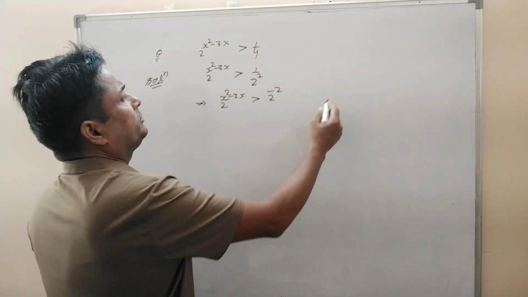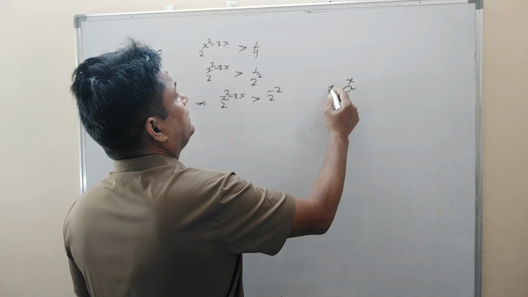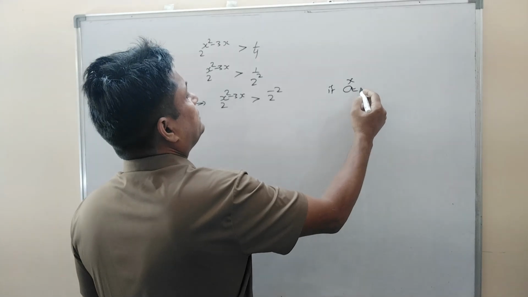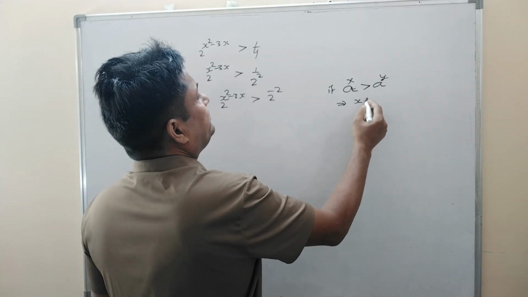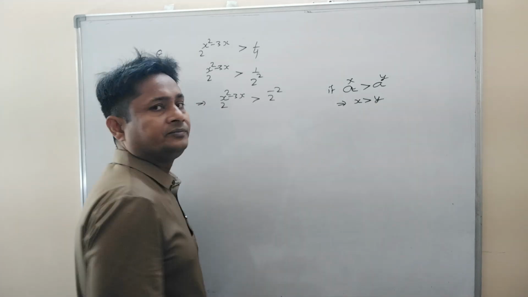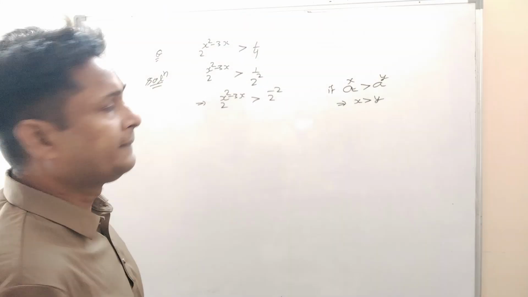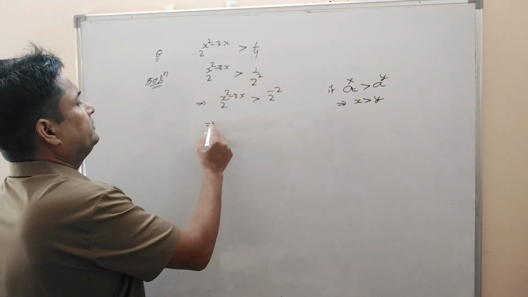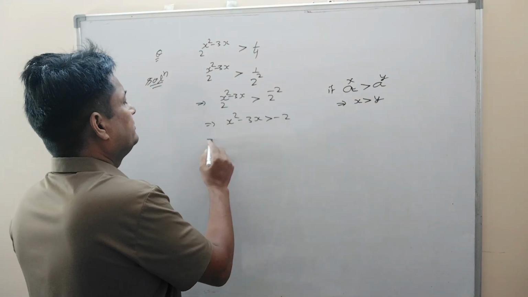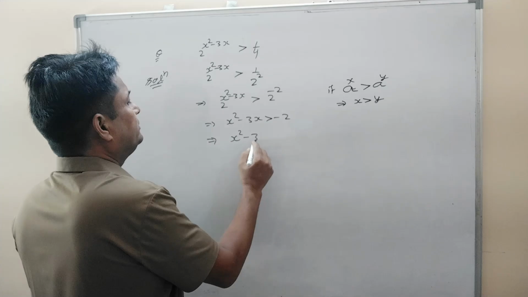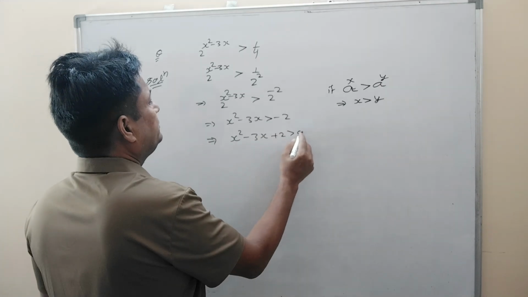I told you this property: if a to the power x is greater than a to the power y, then x is greater than y. So here x square minus 3x will be greater than minus 2. That means x square minus 3x plus 2 is greater than 0.